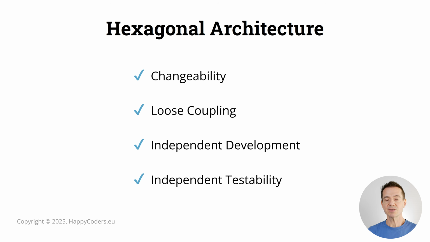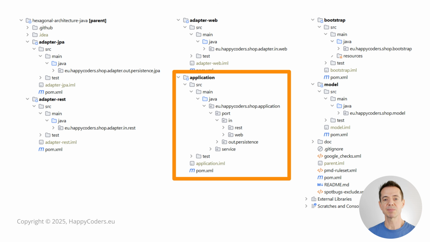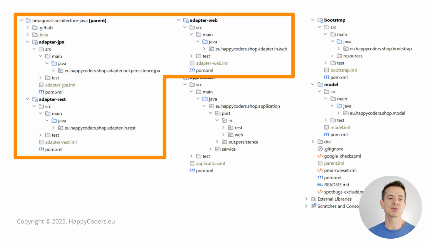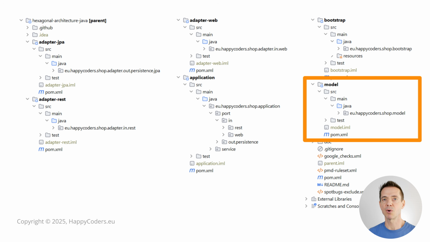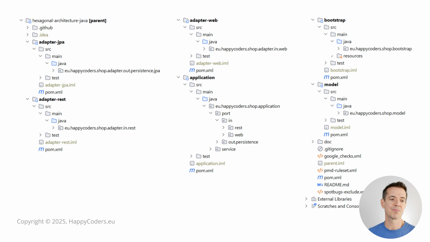No. Hexagonal architecture, of course, also has a downside. You don't need to read this. This is a screenshot from my IDE from a project with one application module, 3 adapter modules, and a separate model module and a bootstrap module. And the ports could also be placed in a separate module.